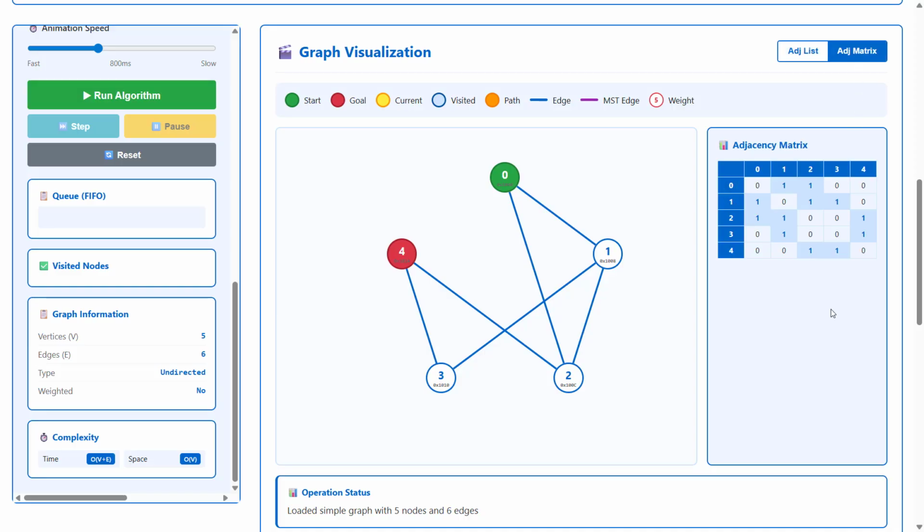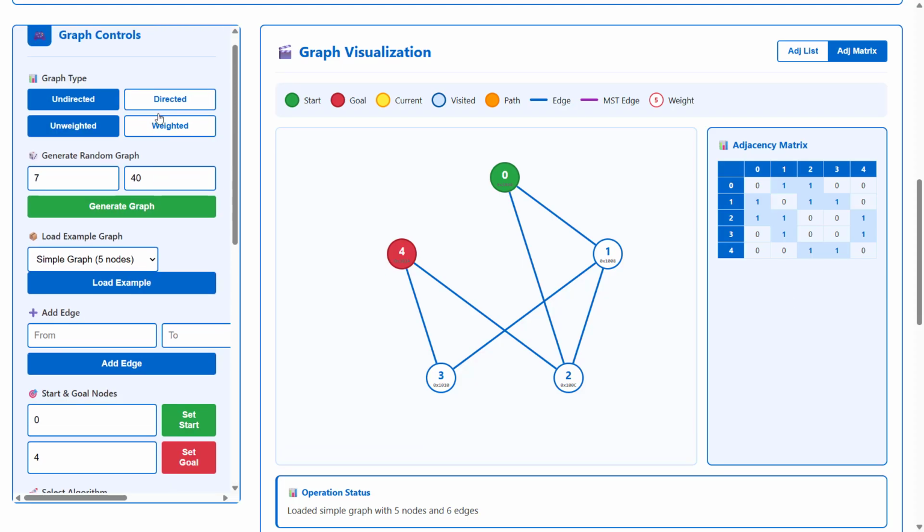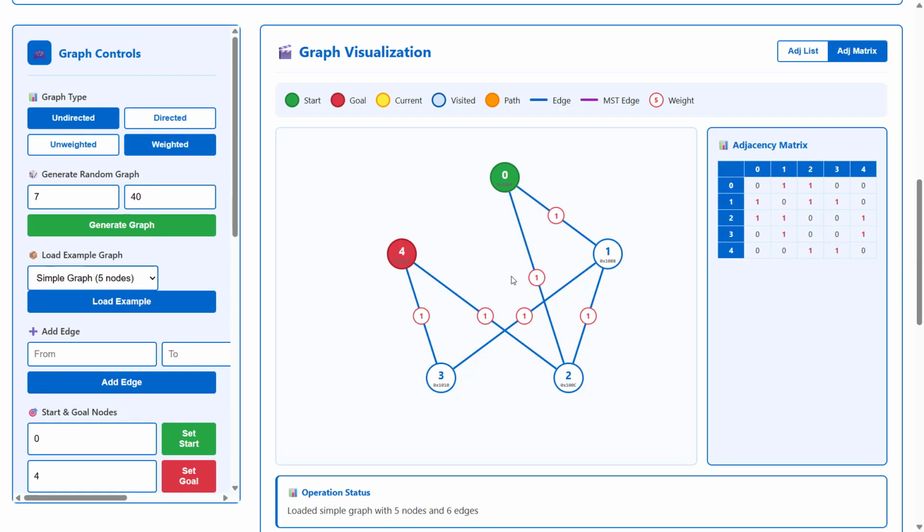The second method is called adjacency matrix. In an adjacency matrix, we use a 2D array. If there's an edge between vertex i and vertex j, then the matrix at position [i][j] equals 1. Otherwise, it equals 0. For weighted graphs, instead of 1, we store the actual weight value.